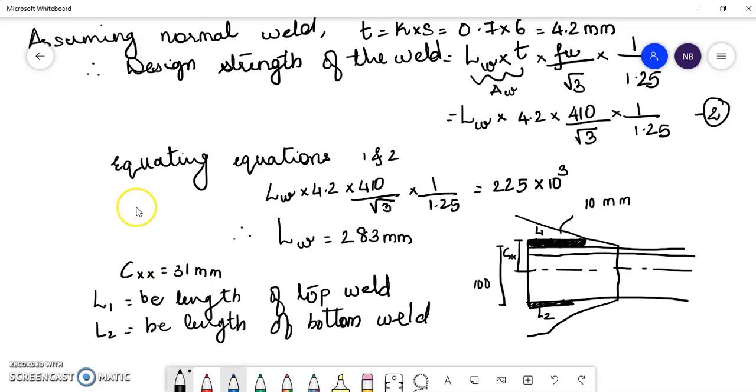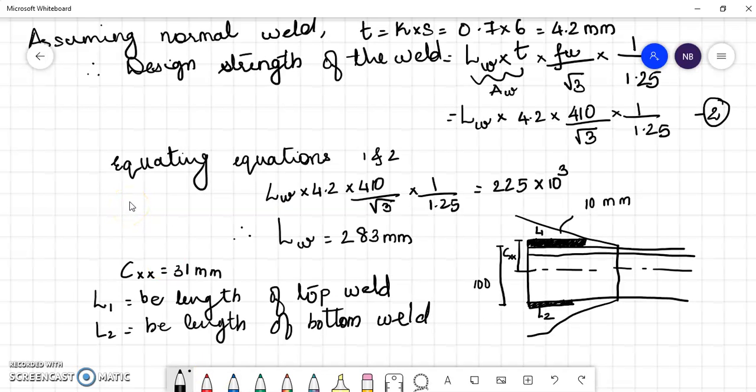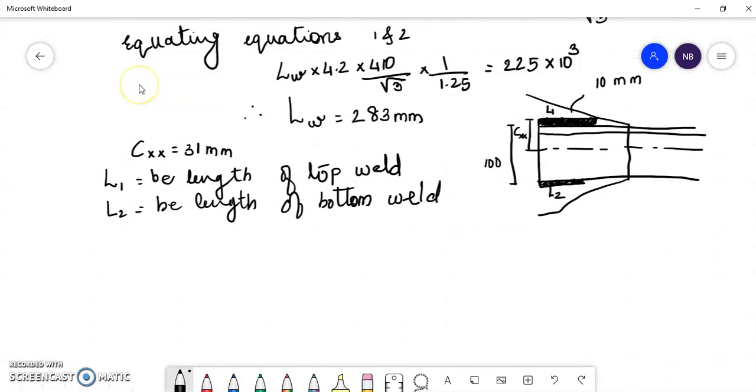In order to make the center of gravity of the weld coincide with that of the angle, we have to equate L1 into 31 equals L2 into 100 minus 31.